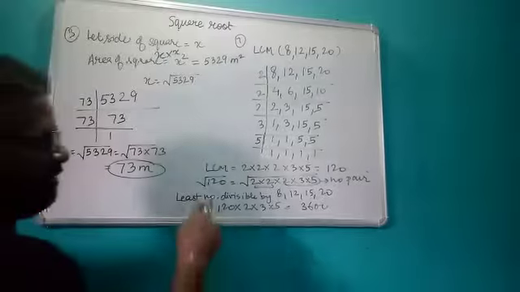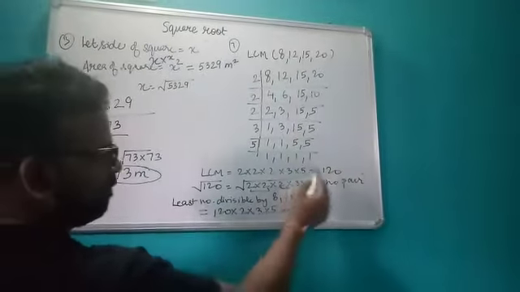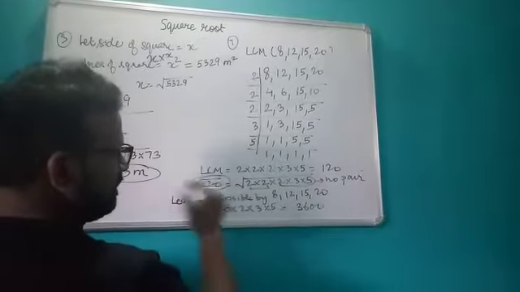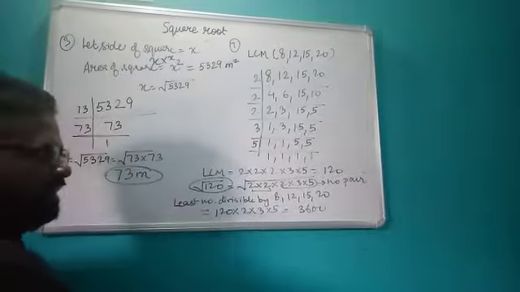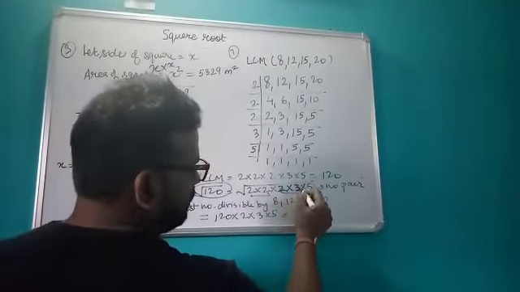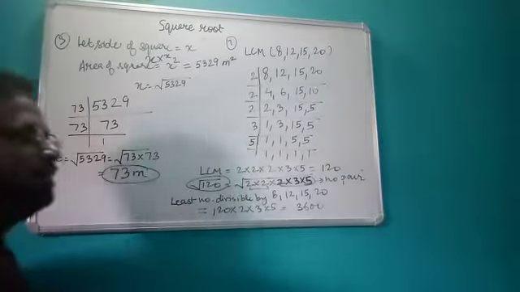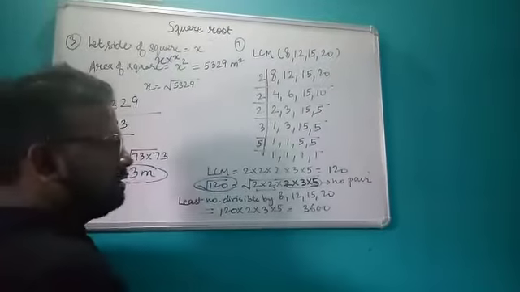Now you will do the prime factorization of this number. So first you will find the LCM, then you will do the prime factorization of the LCM. So its prime factorization will be this. If you see very carefully, this 2 into 3 into 5 is not having any pair. So we have to make this number a perfect square.